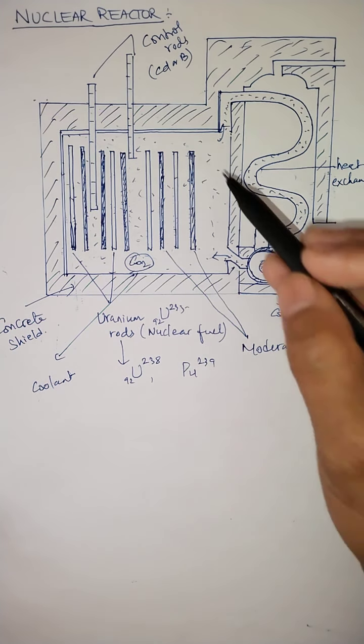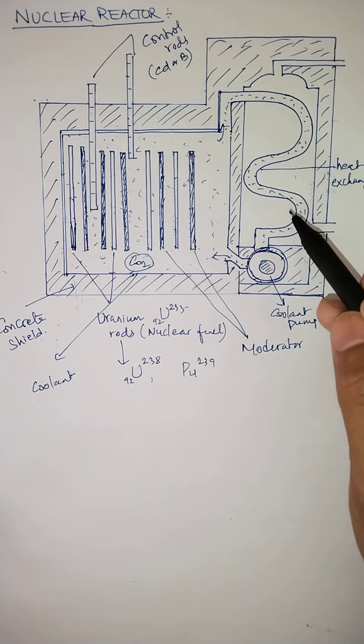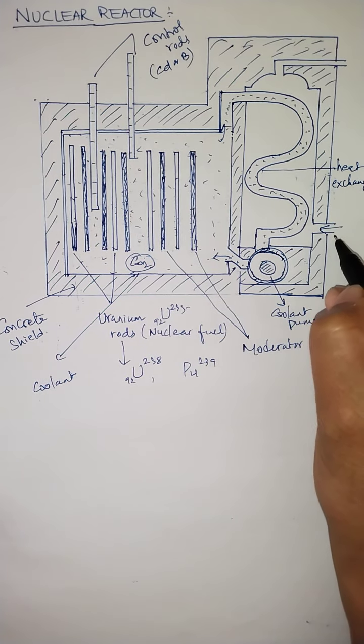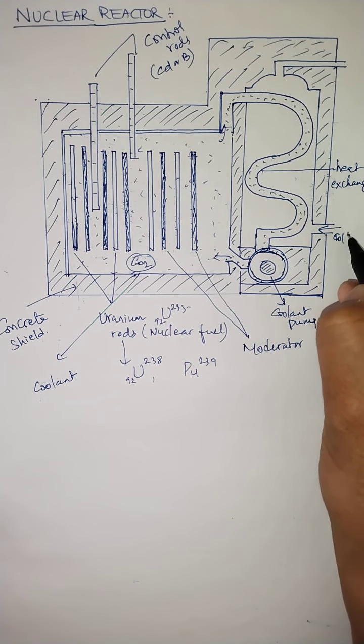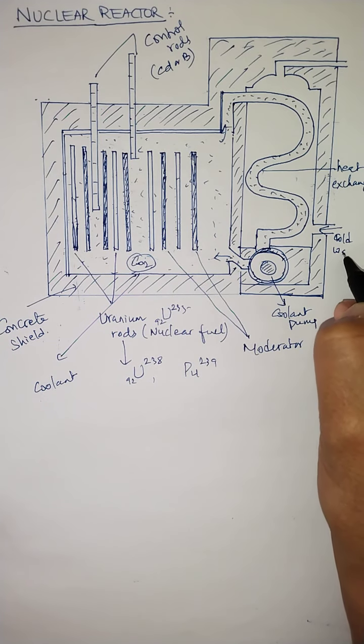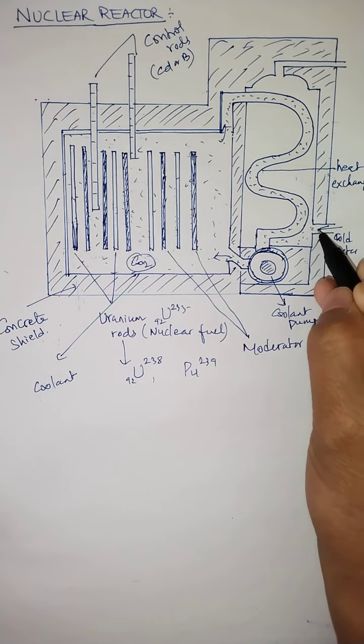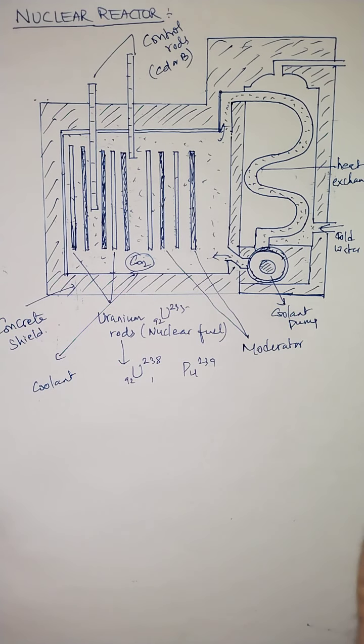Now, in order to remove this heat through the heat exchanger, we supply water through this inlet, that is called cold water. We supply cold water. As you know, water has a high specific heat capacity. It can absorb a large amount of heat even at very low temperature.